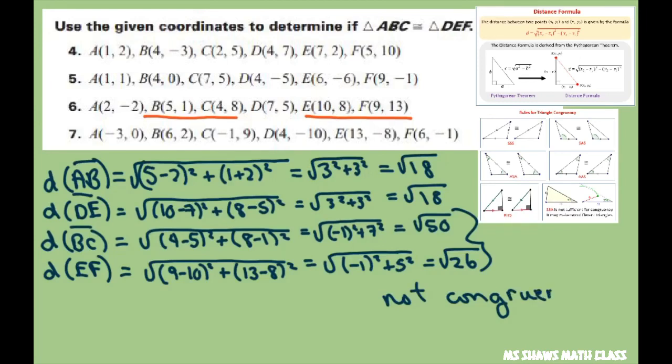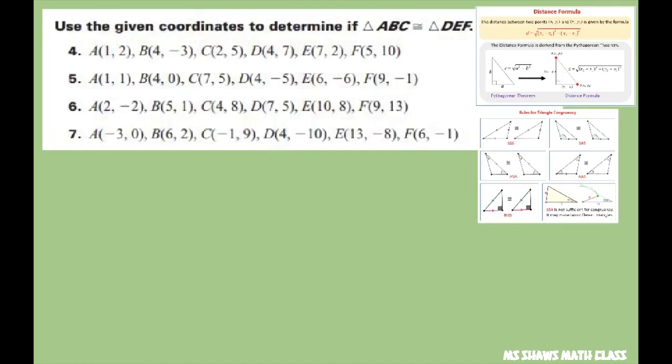Now I'm going to leave it to you to do the last one. I can tell you the answer is that it is congruent. So try it out, and all the sides should be congruent. You can check with number 4, the first one we did.